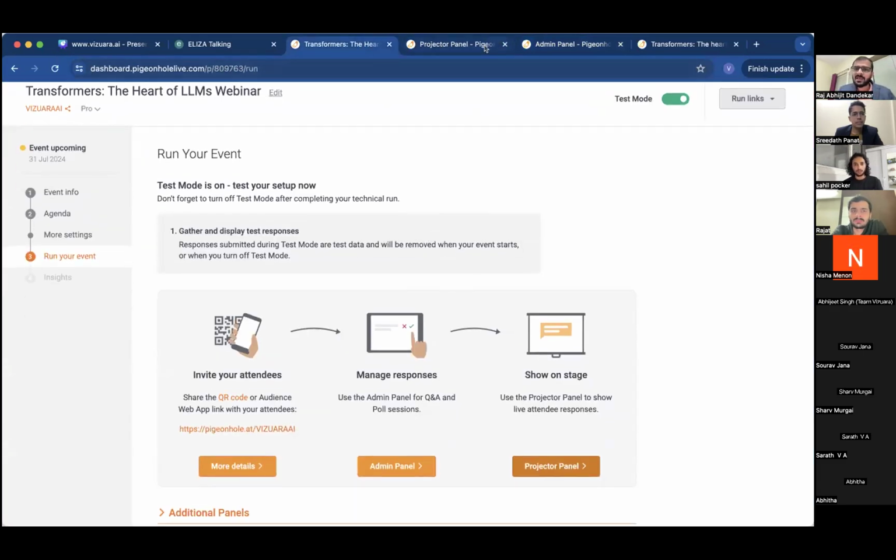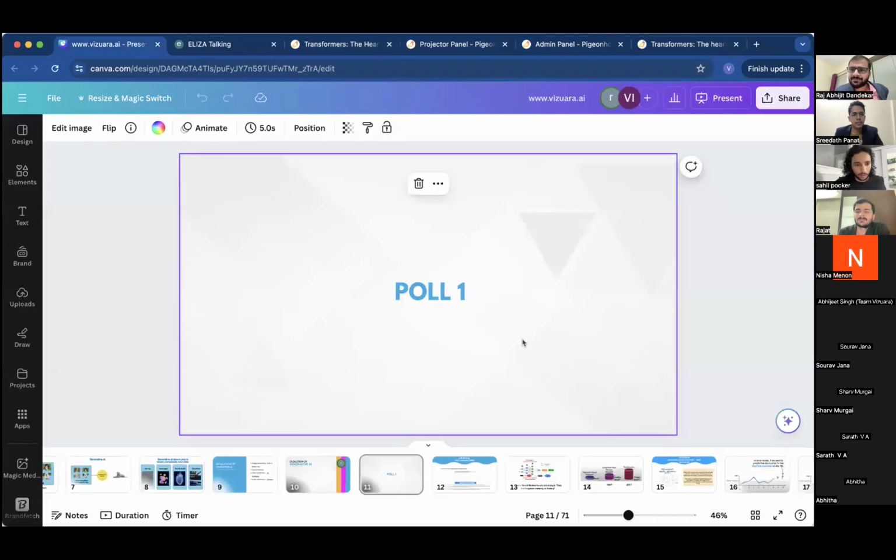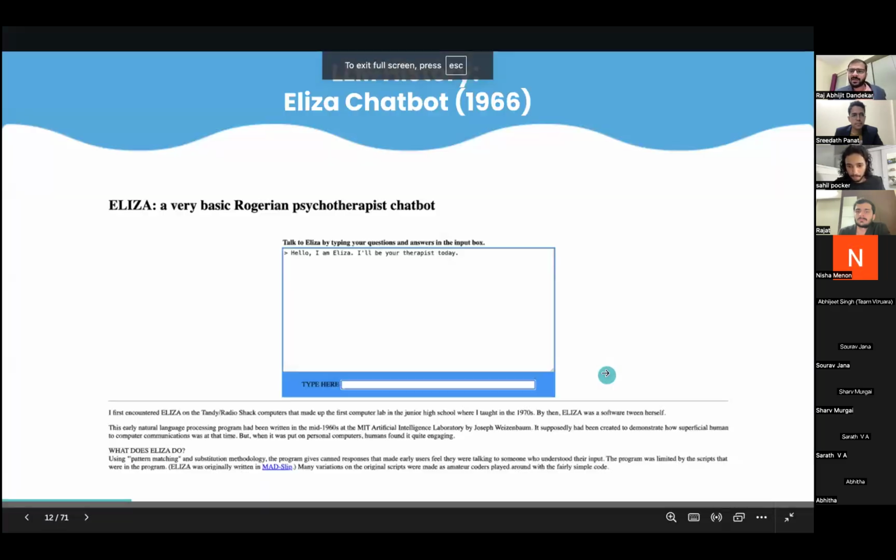In the meanwhile, Sahil, can you create this question on Zoom poll? Zoom itself has this poll and quizzes. Maybe while this is working, we can create it. I don't think anyone is able to answer this because I should have seen this score over here. So it's fine. We can proceed to the next part.